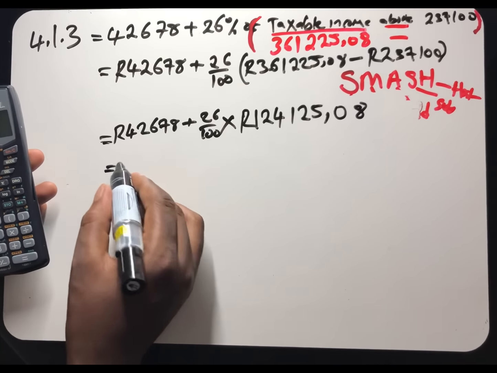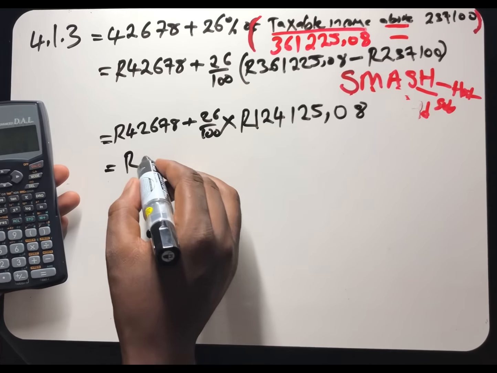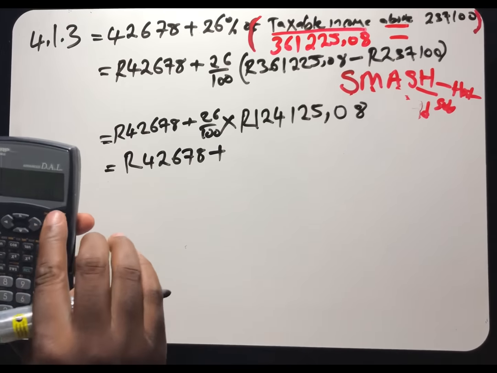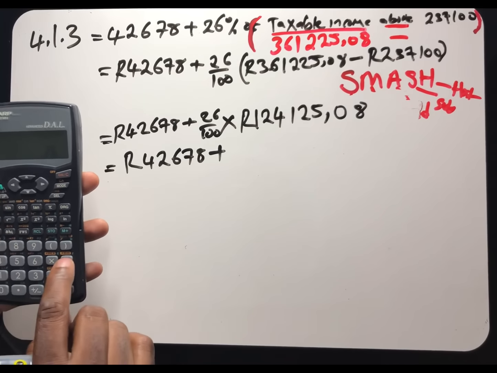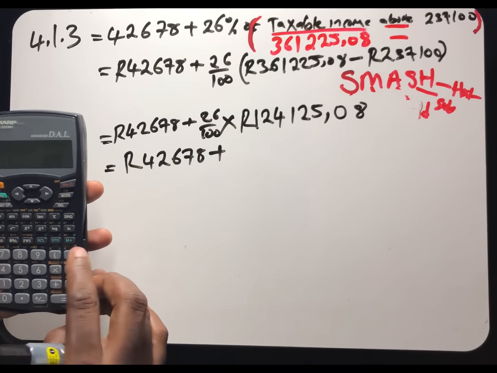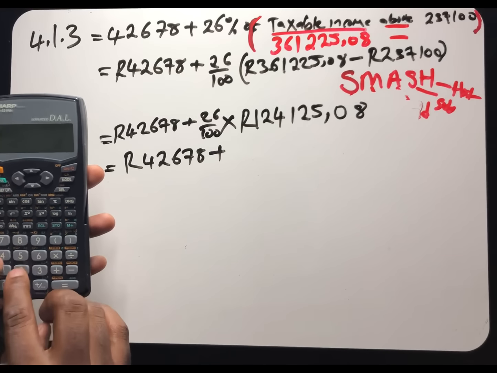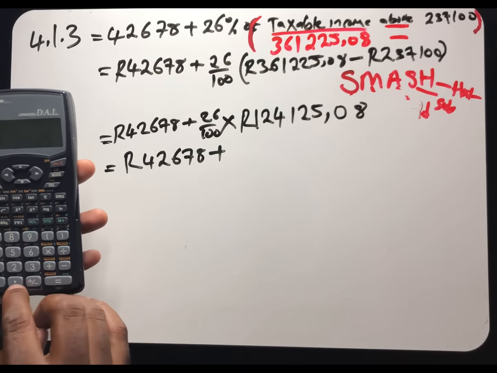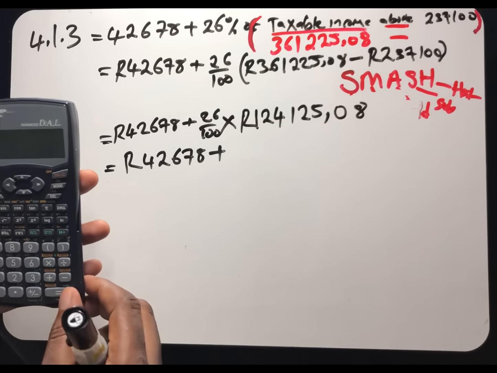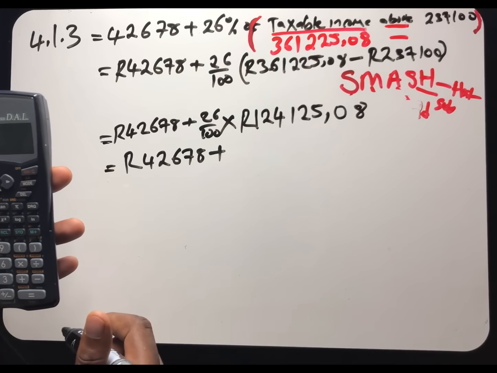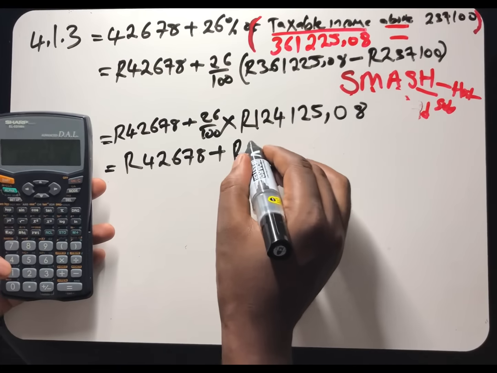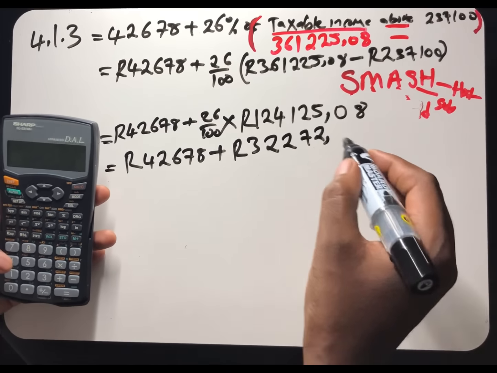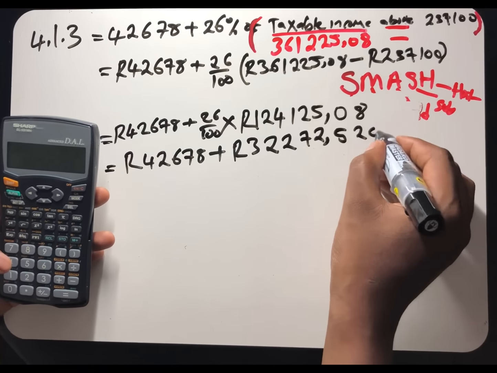The next step is the multiplication. We are going to have 42,678 plus, and then 26 over 100 multiplied by 124,125 rands and 8 cents, which is 32,272 and 5208.